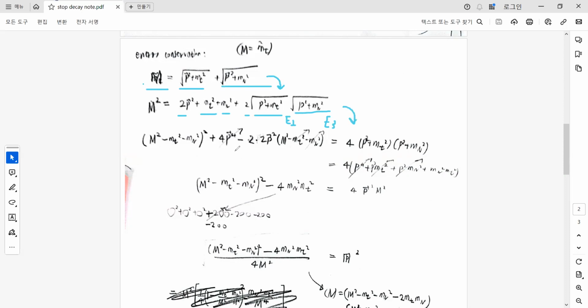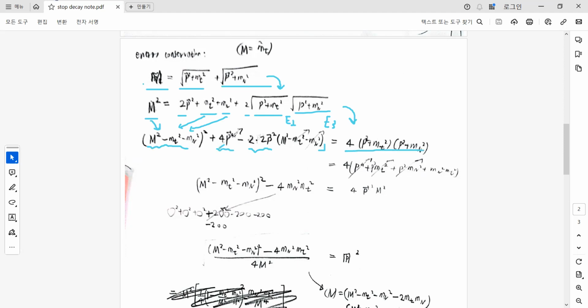we want to focus on the p squared, so let's move the constant terms into one term, and there are four p squared, 4p to the fourth, and 2p squared. This is the left-hand side, and for the square roots, it appears like such a thing.